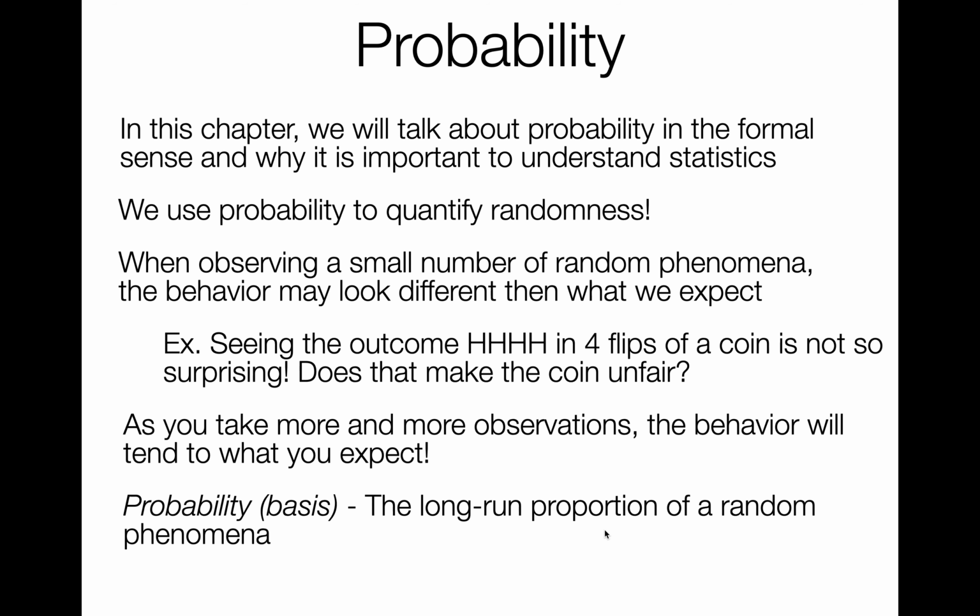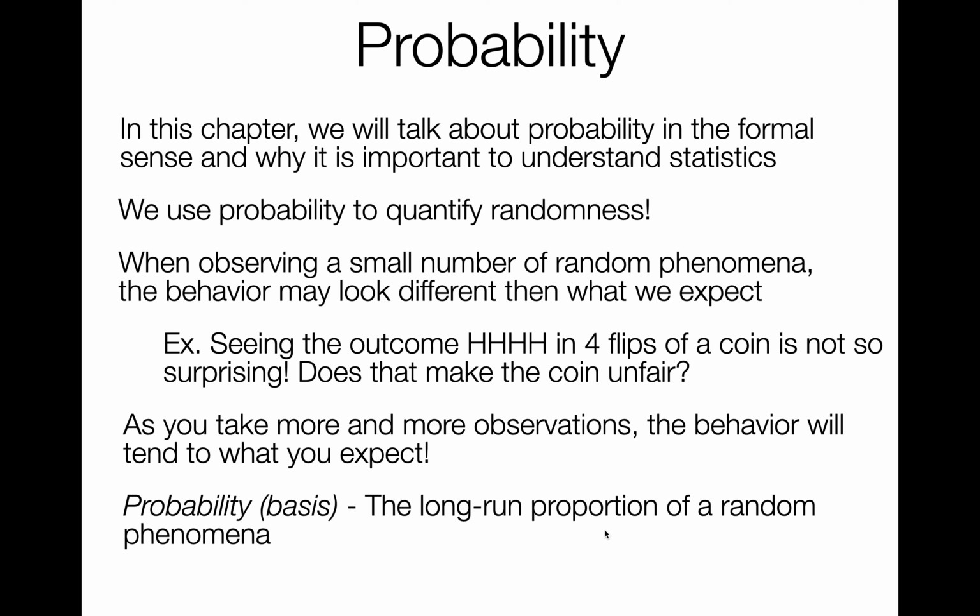Okay? And so this kind of scenario and setup leads to a basis of a definition of probability and what it is. So we're going to first define probability as the long-run proportion of a random phenomena. Okay?